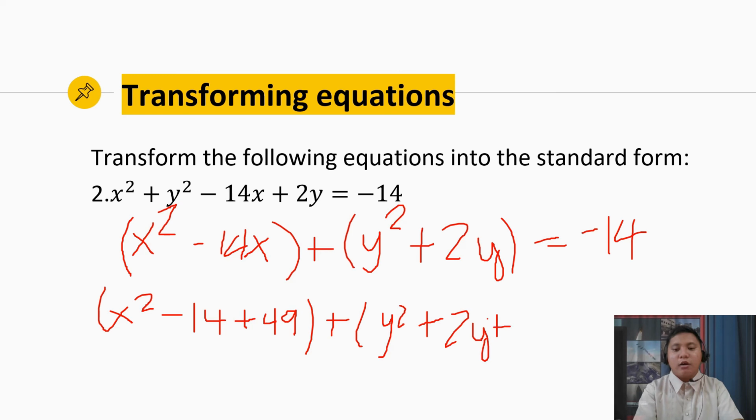So that is now our perfect square trinomial. Remember, whatever you add here, we add also here. So we will add 49 and 1.